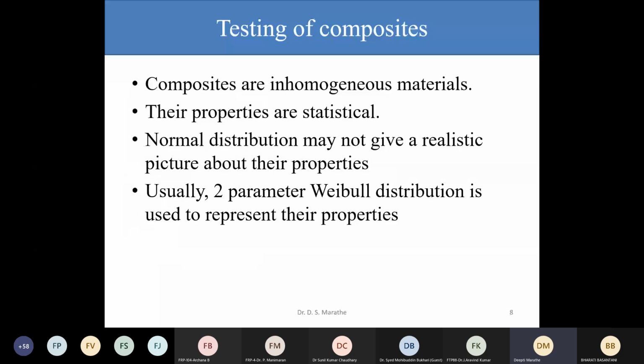Now, very importantly, you know that on a micro level, composites are inhomogeneous materials. Last time during my micromechanics lecture, I gave you an example of bhel. I told you that the taste of the bhel is going to depend on each of its components: the murmura, the imli chutney, the onions and everything.